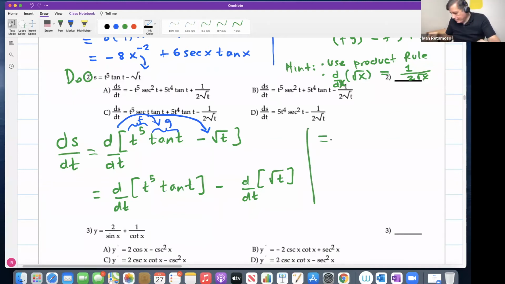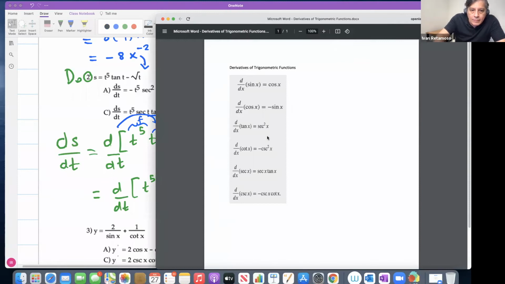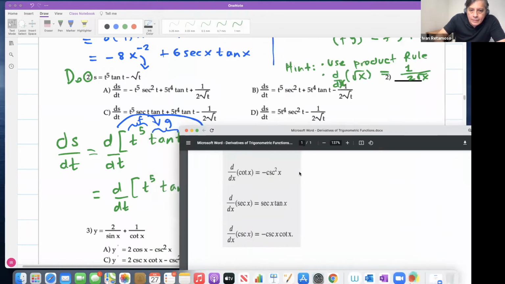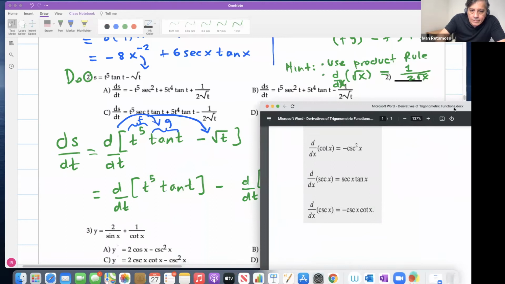Continue there. And if you need the sheet with formulas here, looking for the derivative of tangent, right?